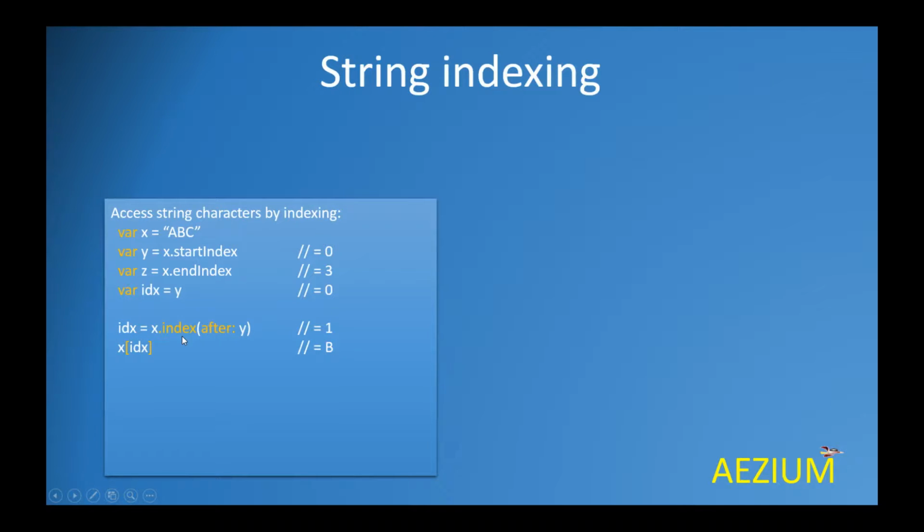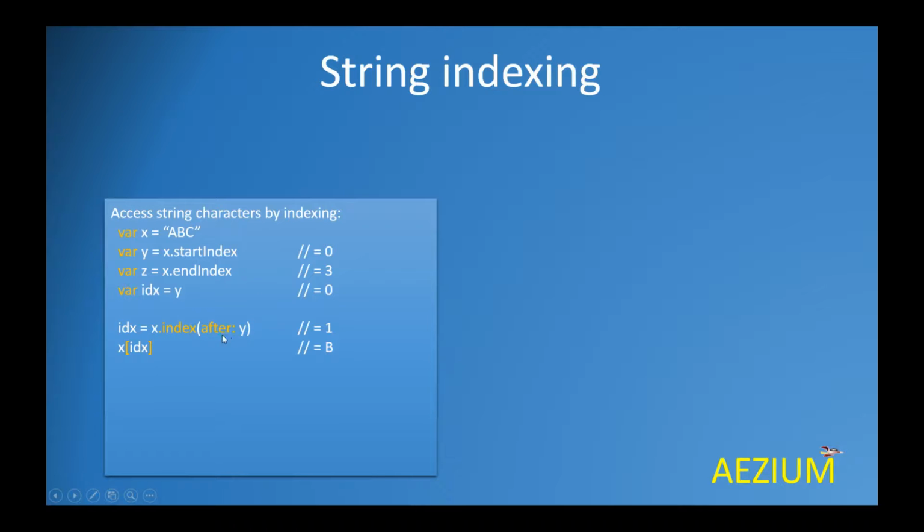Now, if we already have an index, in this case y, which is the start index, we could use this arrangement. x, which is the name of our string, ABC, followed by dot index, this is a keyword, parentheses, and inside parentheses we use the keyword after, followed by colon, and y here is our reference index, in this case 0.